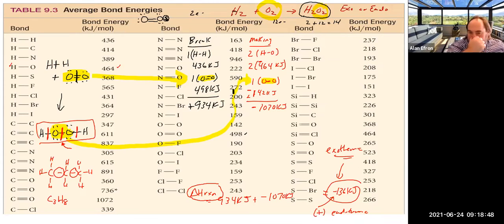Other questions? Okay. Yeah, like I said, it's very common for people to miss bonds, and it happens a lot when you're given organic molecules when you're doing these type of problems.